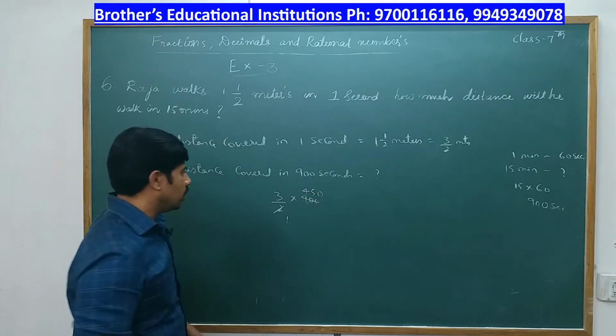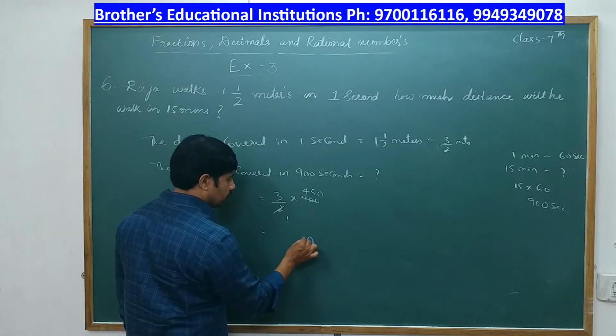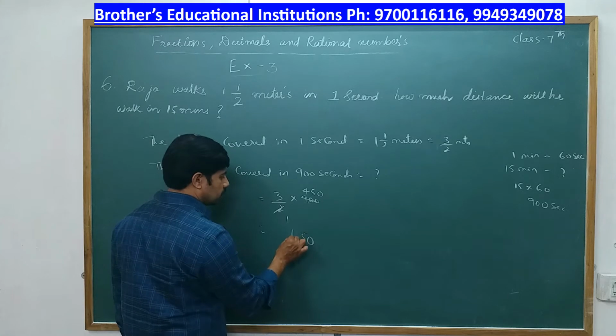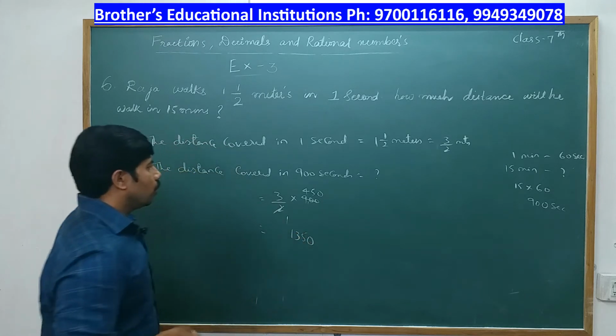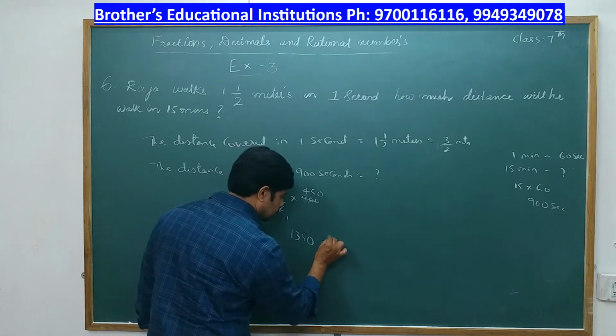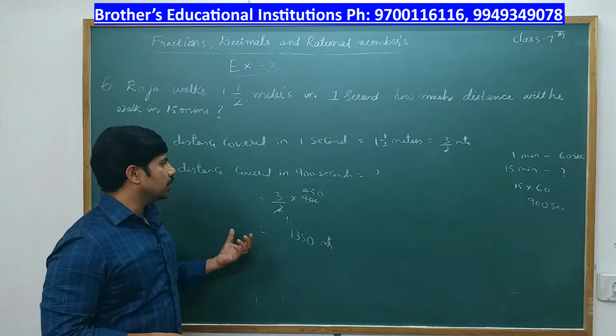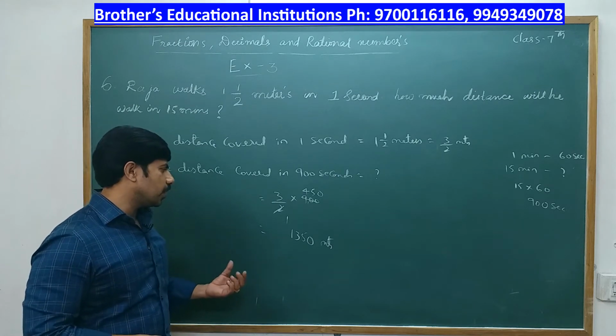So we get 450. Now we have to multiply this. 3 zeros are 0, 3 fives are 15, 3 fours are 12 plus 1, 13. So 1350 meters. Okay. So in 900 seconds he walked 1350 meters.